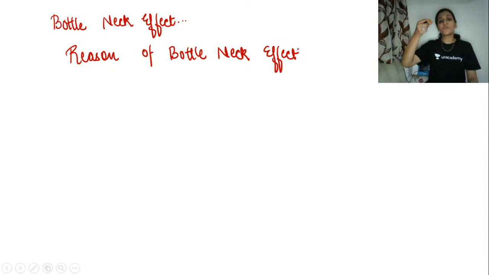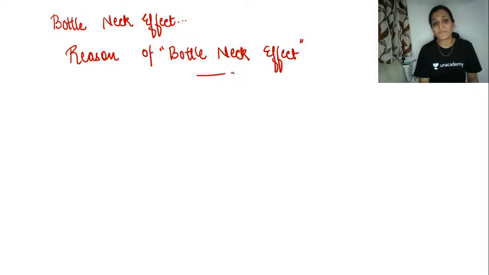The mouth of the bottle is very narrow, and whenever you put colored beads in it and try to invert the bottle, some of them will randomly come out. That is related to the concept of the bottleneck effect. The pictorial explanation, or the name, creates an impression in your mind. That is why the term bottleneck effect is used.